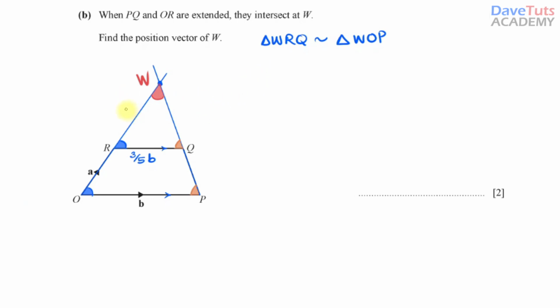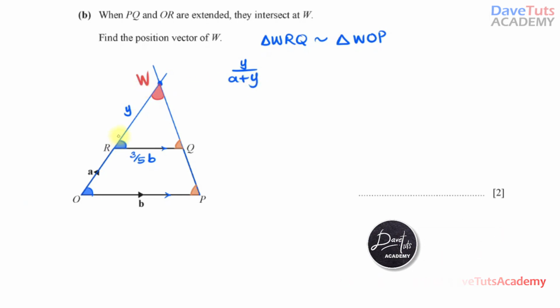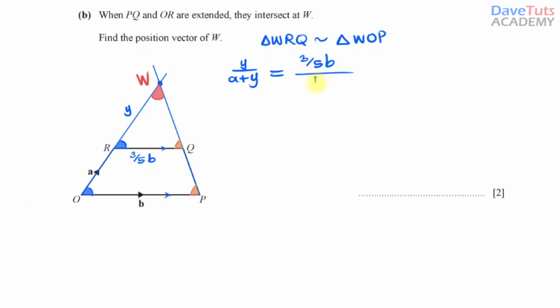So if I call this point Y, I can now say that Y over A plus Y, this Y for triangle WRQ, then A plus Y for triangle WOP, is going to be a constant relating to 3 over 5B, this side for triangle WRQ, over B, which is the side for triangle WOP. Okay, that is actually a constant that I can relate with because these triangles are similar.